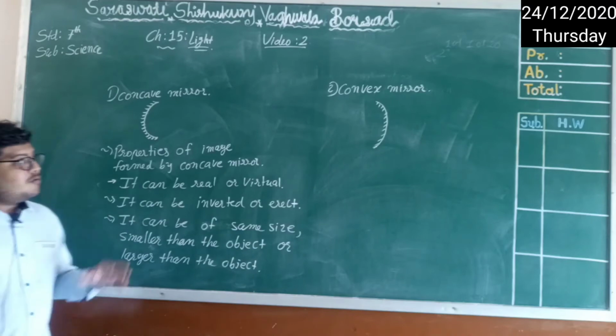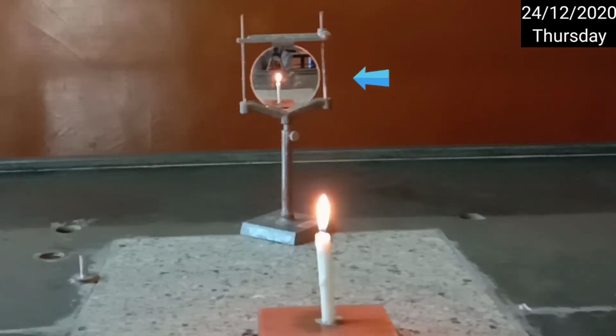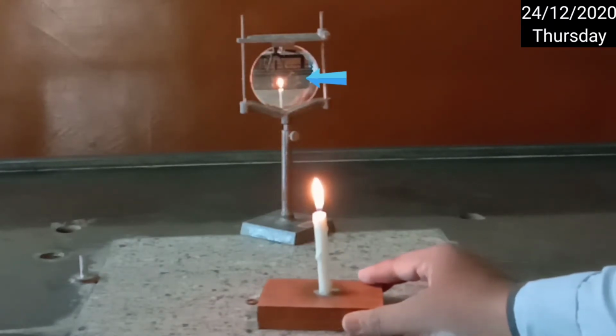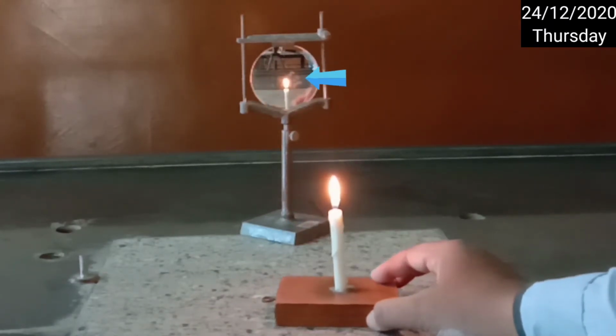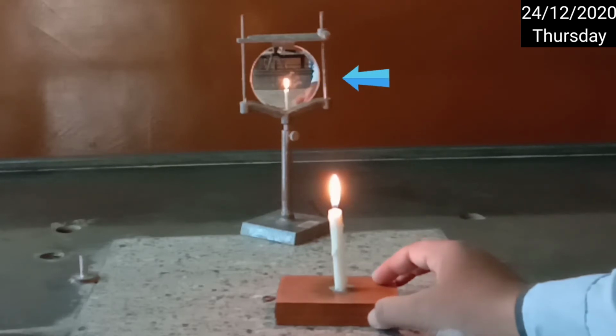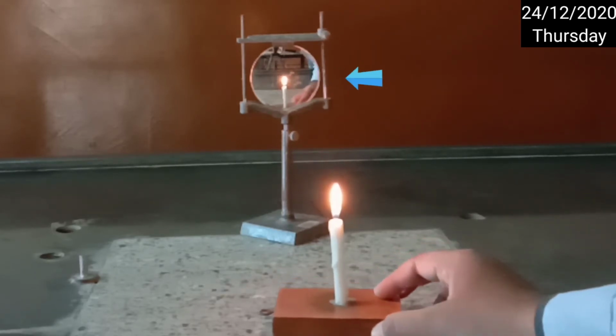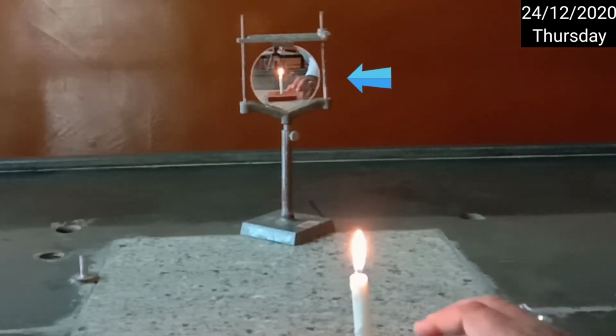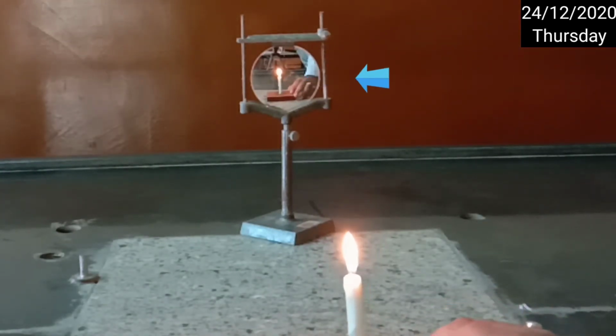Now let's talk about convex mirror. Here you can see that I used a convex mirror, and it is placed in front of the candle. If I change the distance of the candle, there is no change in the image formed inside the convex mirror. If I take it away, it is still smaller, and it is erect, not inverted.